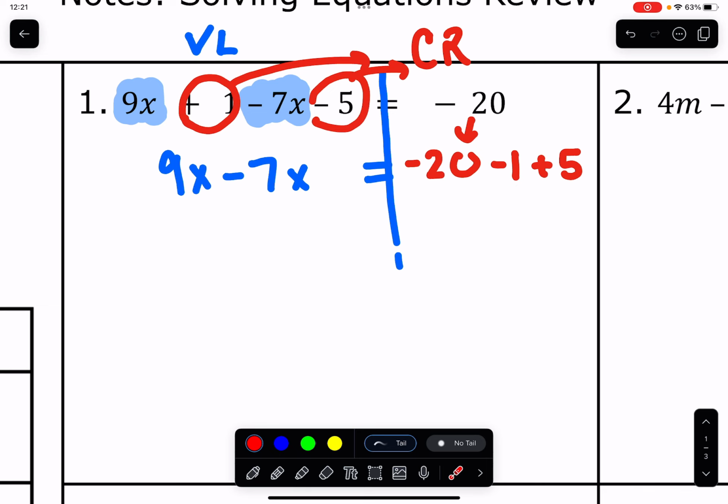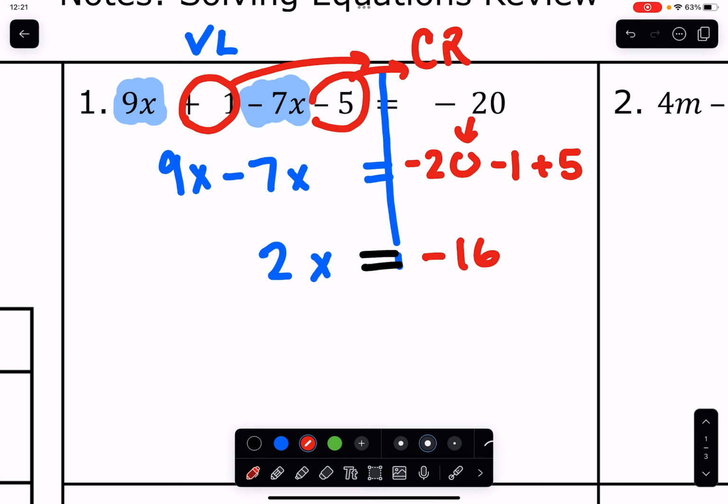Now what I can do from here is simply combine like terms. If I combine the left side, 9 minus 7, that's 2x, and that's going to equal, if I combine the right side, negative 20 minus 1 plus 5, that's negative 16. I end up with 2x equals negative 16.